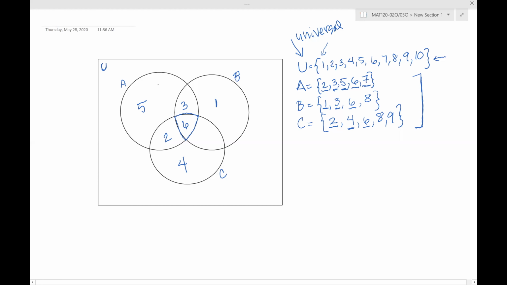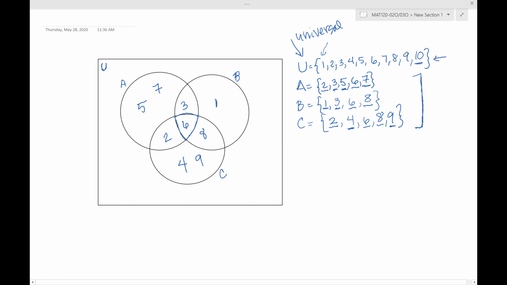So I'm going to place that up here as well in that A circle, again, where nothing else is touching. With 8, I see it shared with C and B. So I'm going to go ahead and place that 8 in that C and B value that is shared. And then 9 I see is only a C value. So I place that in that C isolated section.